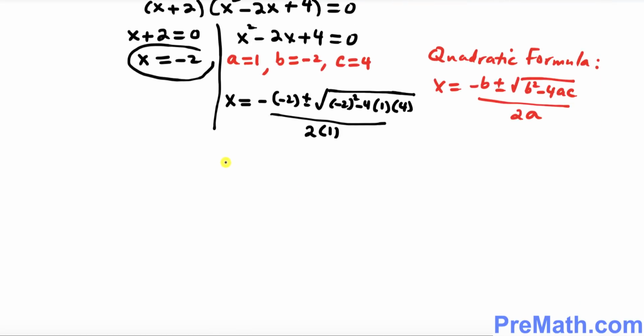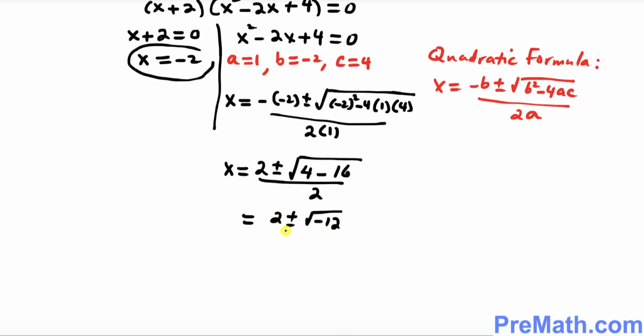What are we going to get? x equal to, this is going to become 2 for sure. Negative and negative become positive 2. So negative 2 squared is 4 minus 16. Everything is divisible by 2, which could be written as 2 plus or minus the square root of negative 12 divided by 2.